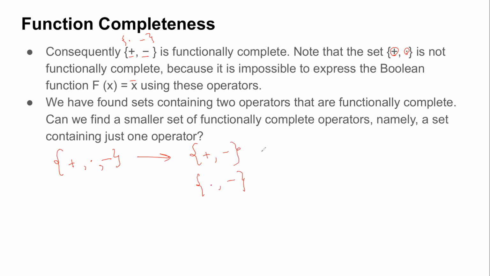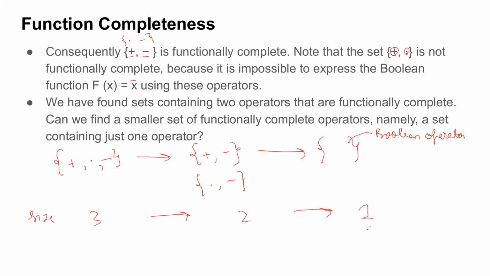Now the question is, can I reduce it to a single operator? Is there any Boolean operator which I can use, and it's functionally complete? So we moved from a size of 3 to 2 and we are just aiming for 1.